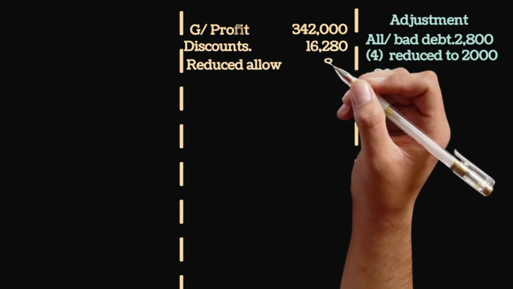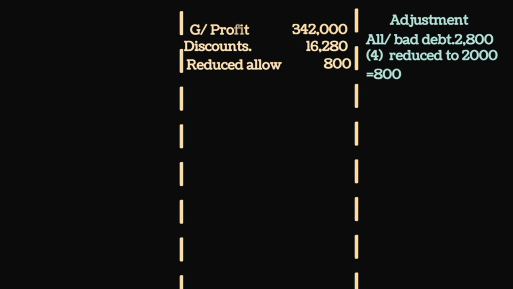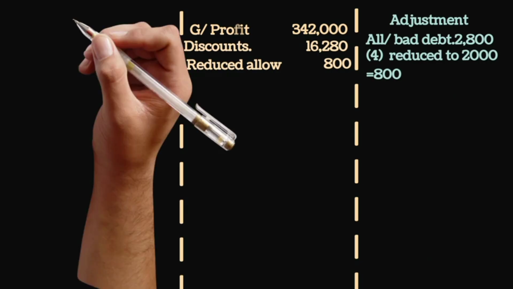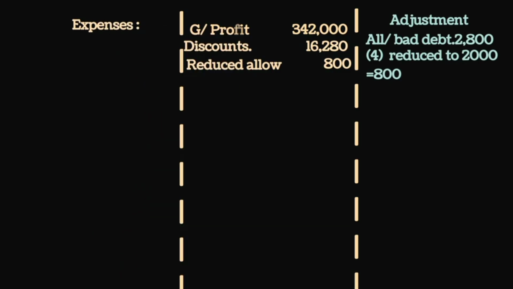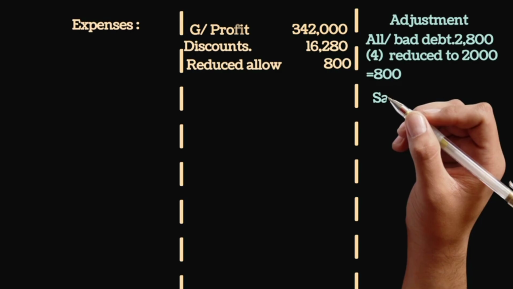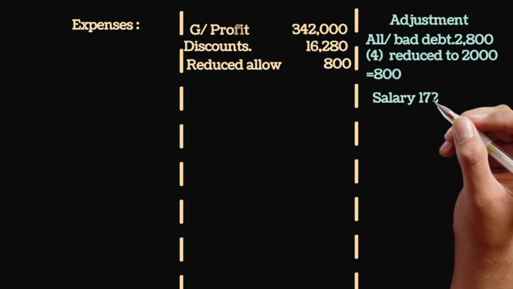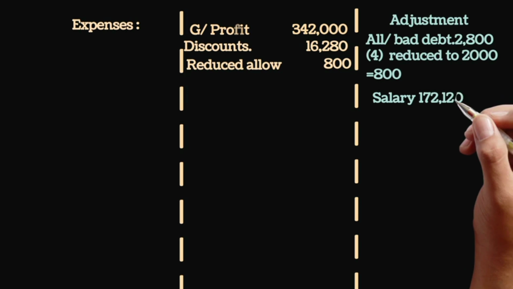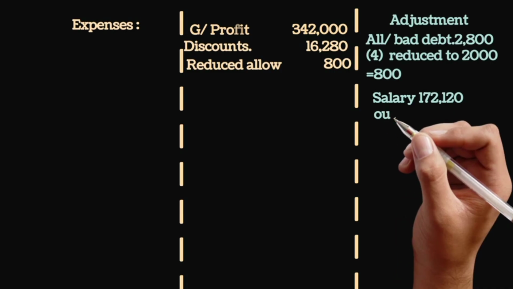So we take it there. If it were to be increased, it would have become an expense. But since it is a reduction, it will become an income. That is to say, a reduction in any provision becomes income, while an increase in any provision becomes an expense. So that's why we have reduced allowance for bad debt of $800.